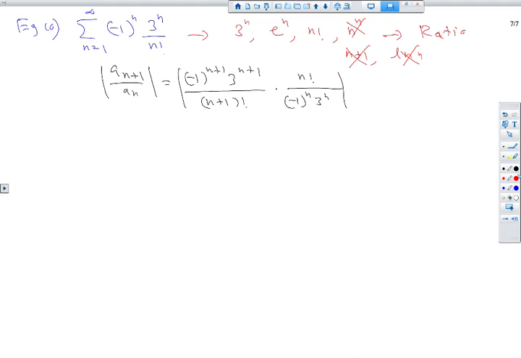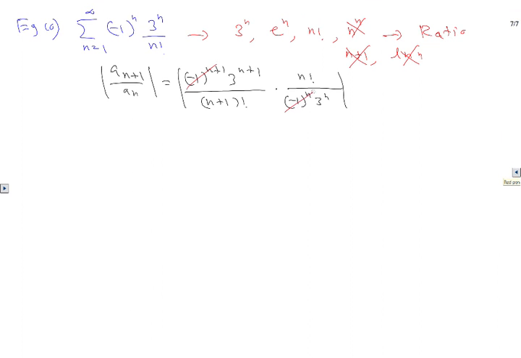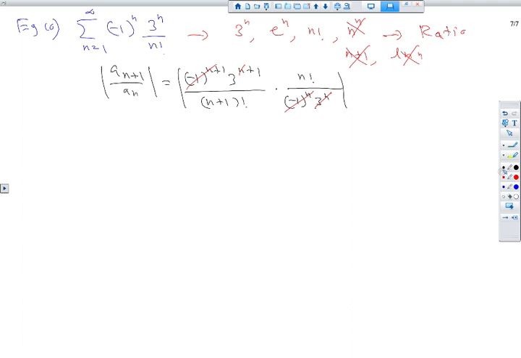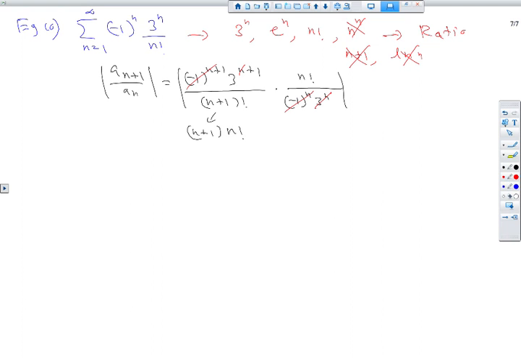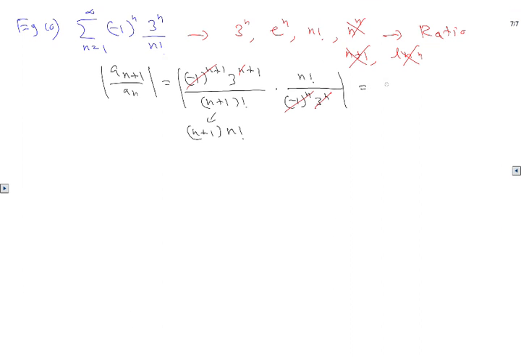Now you can see that the (-1) factors get cancelled because of the absolute value, those are 1, and then 3^n cancels with 3^n, and the factorials cancel too. You can expand (n+1) factorial as (n+1) times n factorial. So you only end up with 3 over n plus 1.